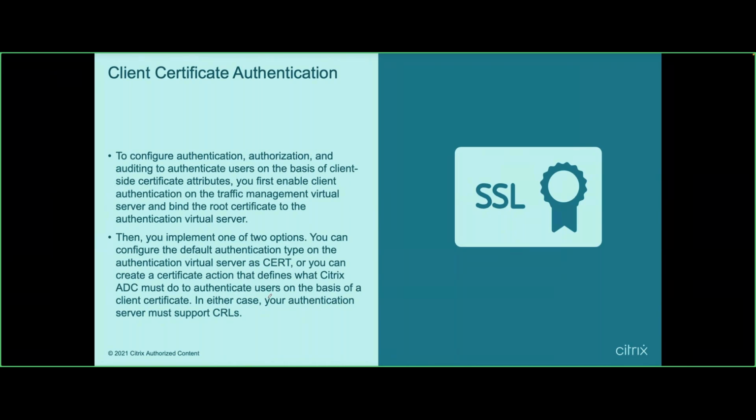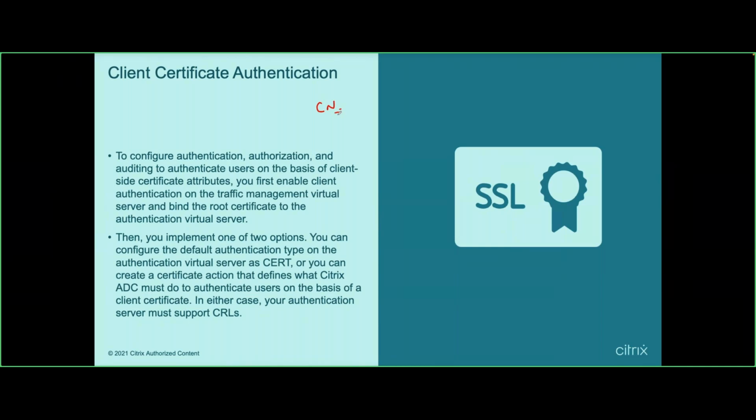So whenever the user is logging onto the gateway virtual server, and after the authentication, the username information will be extracted from the specific field of the certificate, which is your subject CN, right? If you remember the CN, right? So that will be extracted from the CN. And once the username is extracted successfully, then the user is authenticated. But if the user is not able to provide a valid certificate during the TLS handshake, or if the username extraction fails, then the whole authentication will fail, right?